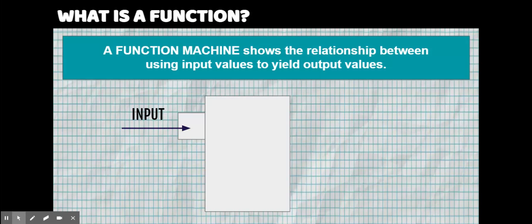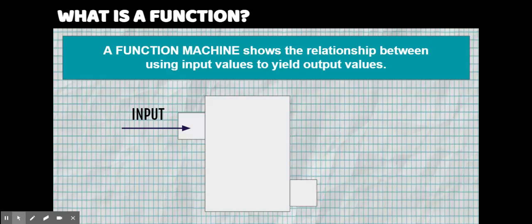And once they get processed within the machine and a relationship of whatever that machine does, let's say it's a refrigerator, and we put water in our refrigerator and we open up the door and it's still water after a couple hours. But what's the difference if you put that water inside of a freezer? Is there a different relationship between the water in the freezer compared to the water in the fridge? And that's what we call function machines.